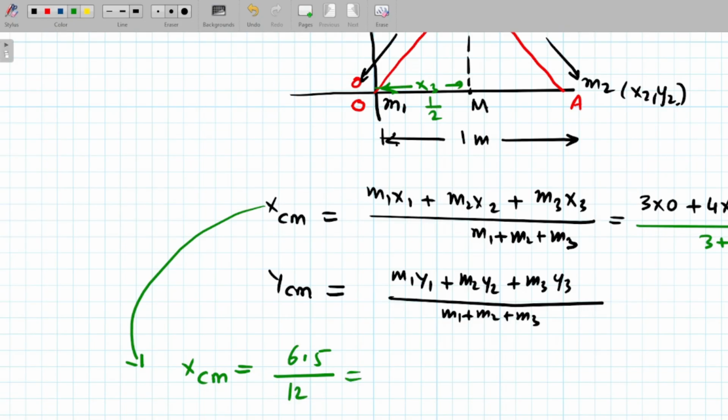So what is our answer? 0.54 meter. Similarly, can you calculate YCM on your own now that you know everything?